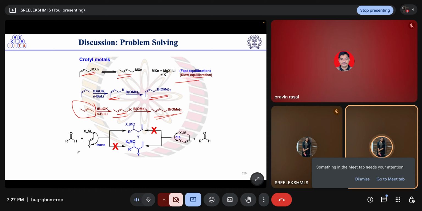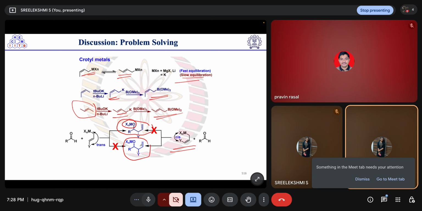If we treat that with aldehyde, here we can see both have trans stereochemistry. It will react with this aldehyde to form this particular intermediate, and this will not be favored. What is the difference? This Y and this group have trans stereochemistry, and in this one they are cis. That is not possible because in the starting material both have trans stereochemistry. So it will give this particular product.